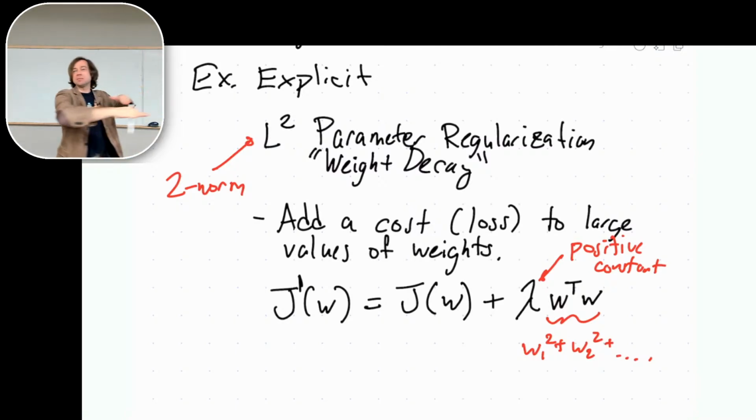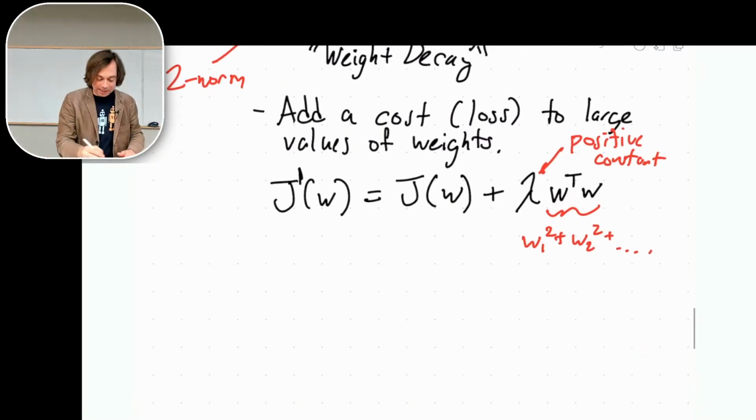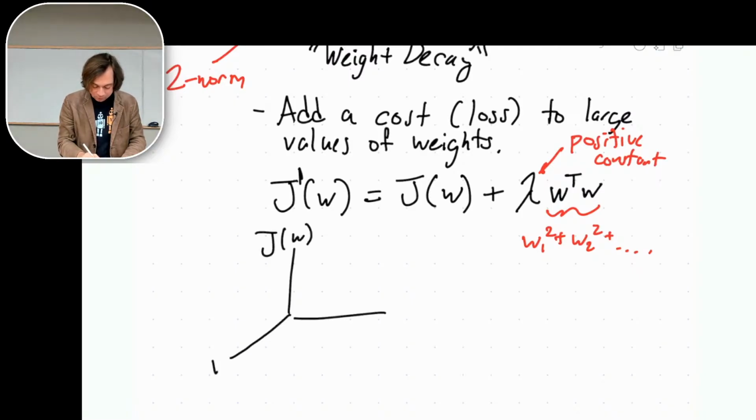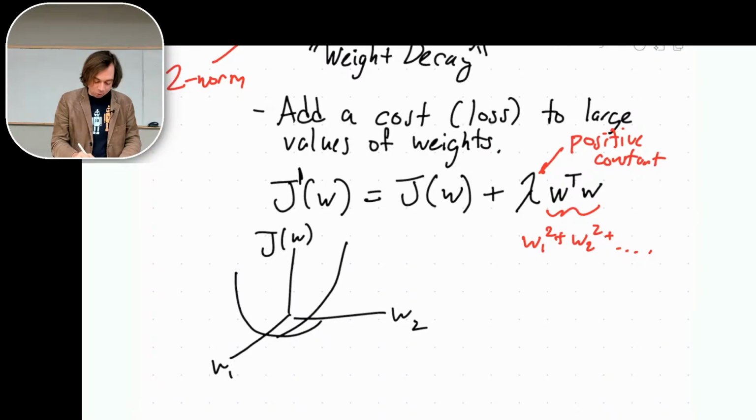That's another reason. So if you're doing gradient descent, keep in mind you'll have some cost, J of W, and you'll have all your W's, your W1s, your W2s. The more your optimization looks like a nice bowl, I'm drawing a bowl. You all believe me, right? Yes, it's a three-dimensional bowl.